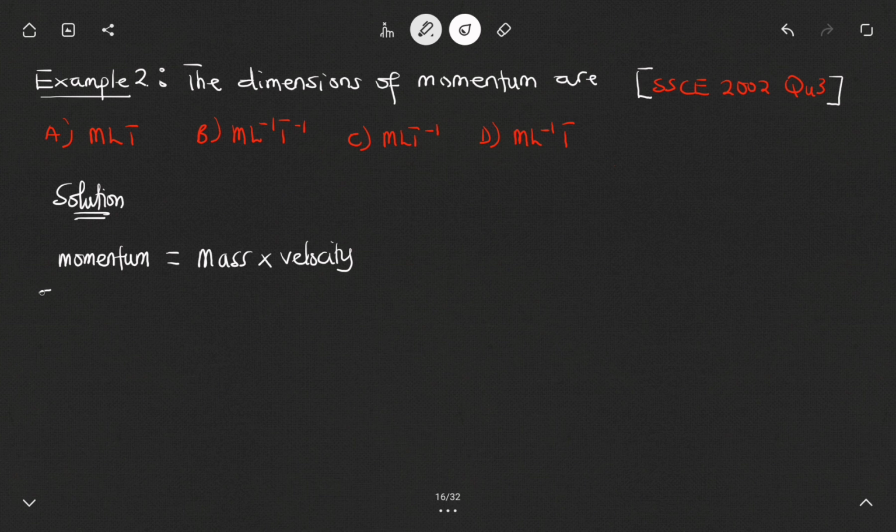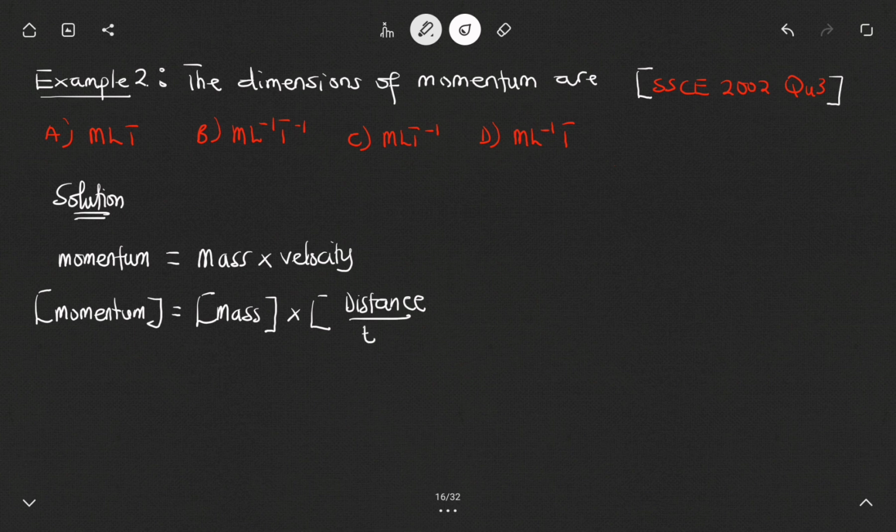If we apply the dimension symbol, the dimension of momentum will be equal to the dimension of mass multiplied by the dimension of velocity, which in this case is distance on time.